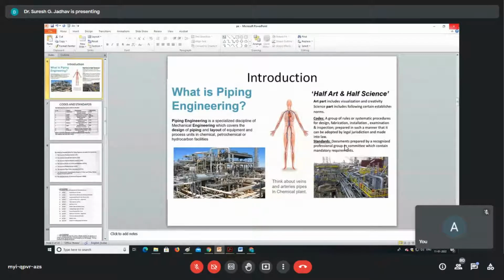Based on that, we can design, fabricate and install the piping components. That kind of work we consider in piping engineering. The engineer must understand the function of the different kinds of pipes involved and have a grasp of plant piping.